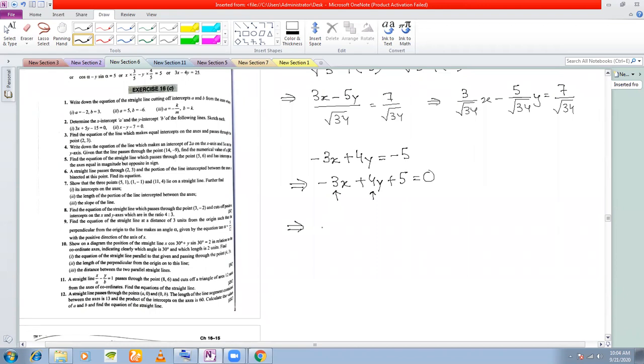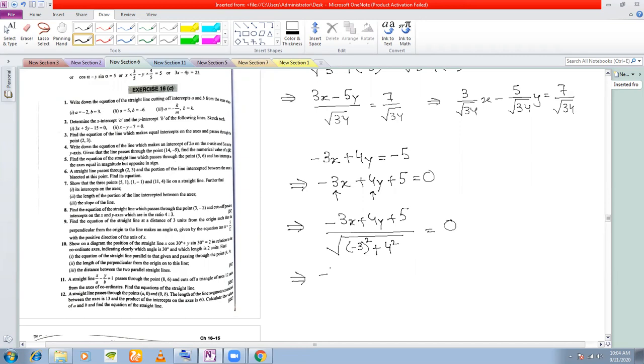and I divide both sides by the root of minus 3 square, that is the square of the coefficient of x, plus the square of the coefficient of y. The right side remains 0 because division of 0 means 0.